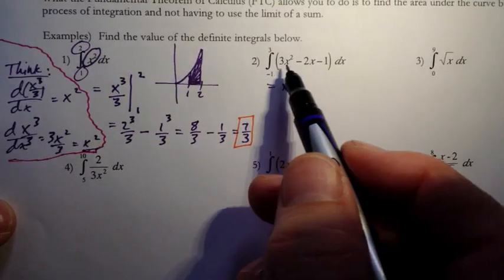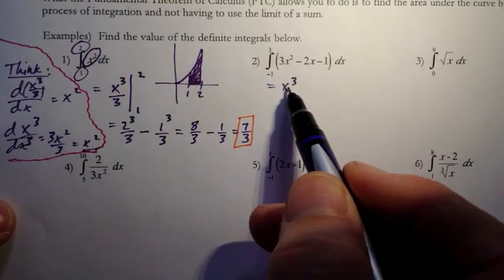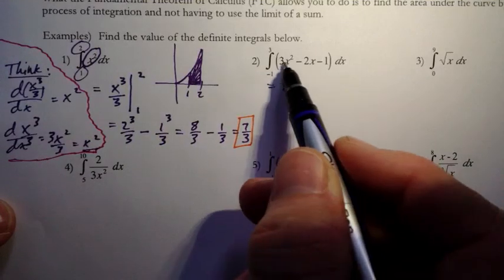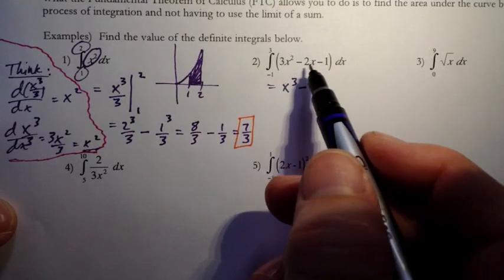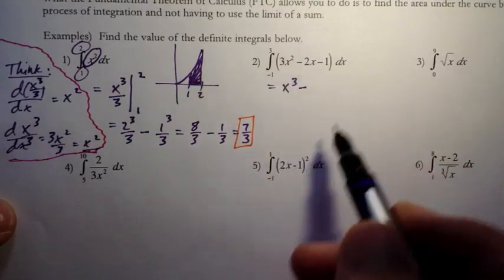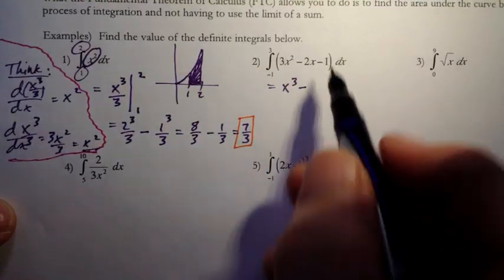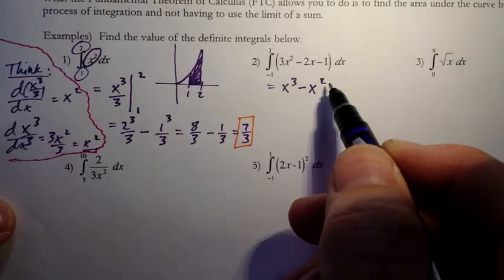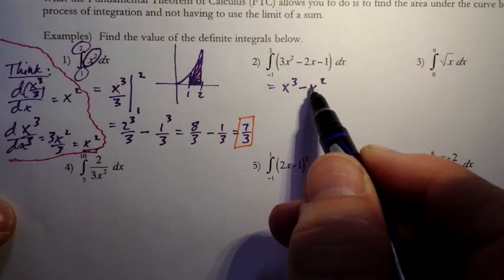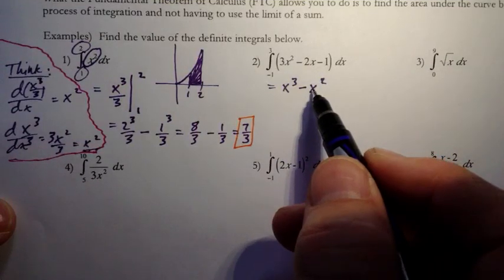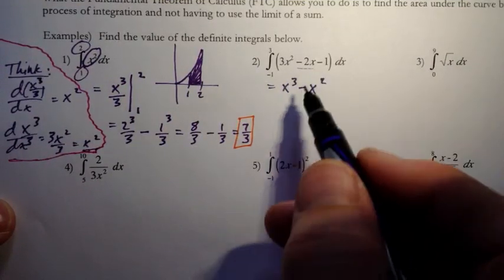Minus, then the derivative of something is negative 2x. Well, the derivative of x squared is 2x, and when we put a minus sign in front of it, the derivative of negative x squared is negative 2x, just like we have there.